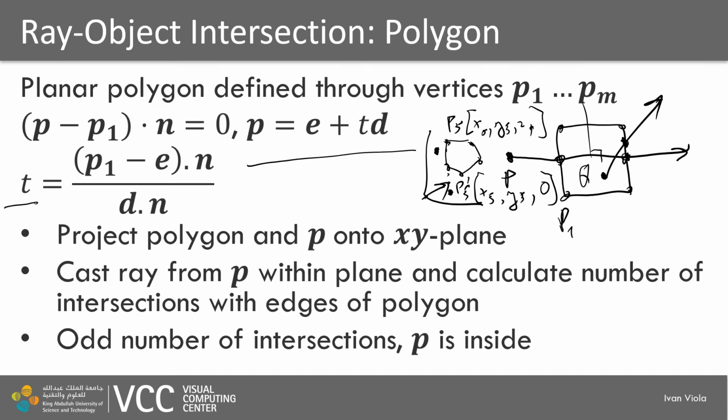It will be preserved, and we can find out with a simpler calculation whether this point is within the polygon on this projected version of it on the xy plane. With the same principle, an odd number of intersections means that the point is inside, and an even number of intersections means that the point is outside.